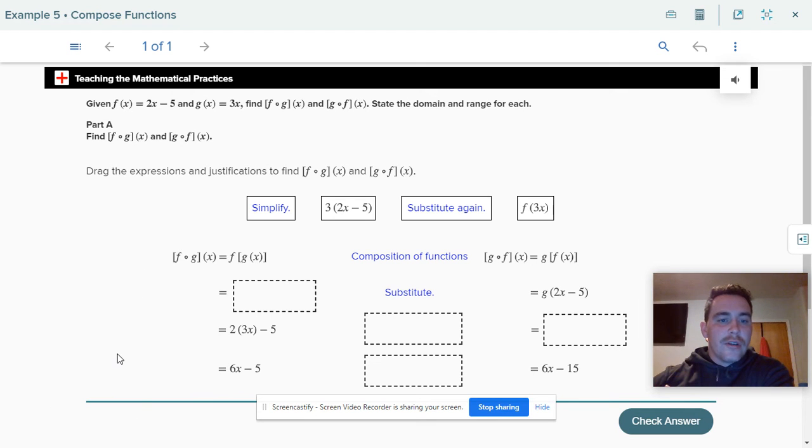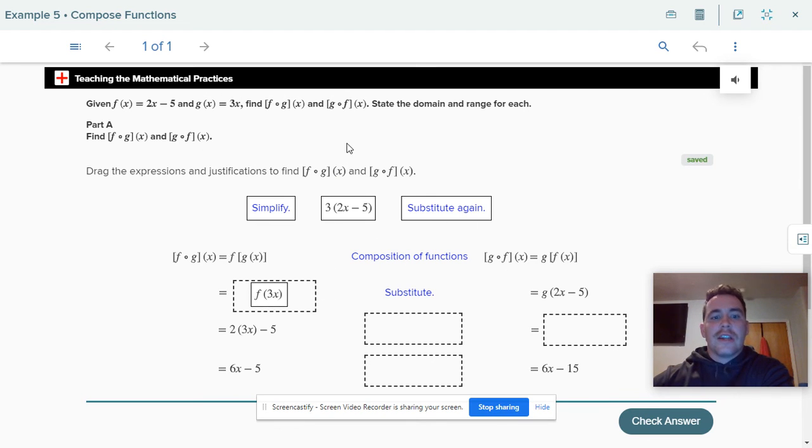For the first one, on the left, f composed of g of x is equal to f of g of x. Since f of x is 2x minus 5, and g of x is 3x, since we're making a composition function, we're going to say f of 3x.